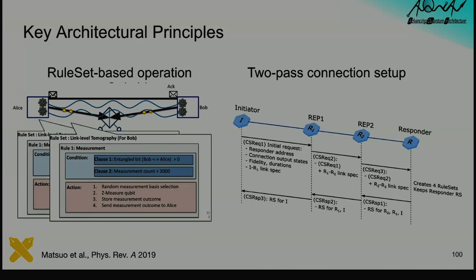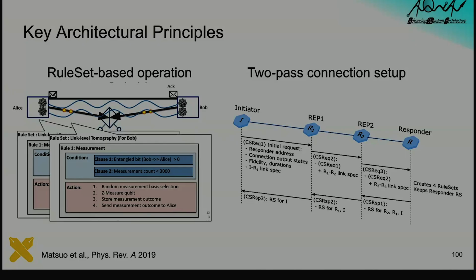But all of the intermediate nodes have to take particular actions on the qubits themselves, and then send messages to other nodes along this chain to tell them what the results of those actions were and what the output is. So we decided that the direct OpenFlow or SDN-based approach was not exactly what we needed.